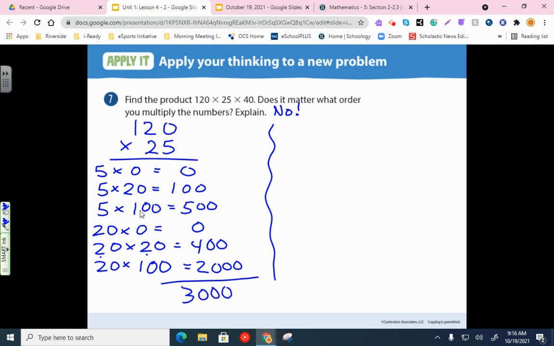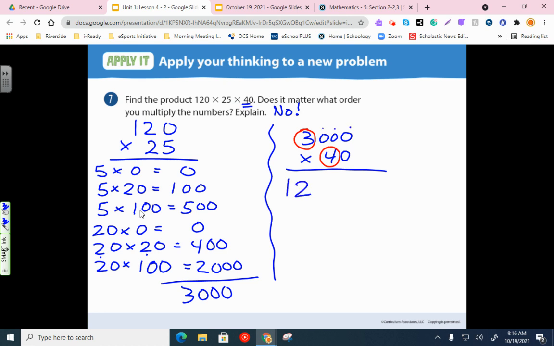Then we still have to deal with this 40 right here. So then we bring down 3,000 times 40. And let me show you what I'm going to do. It's going right back to the warm-up. I've got zeros in both of these, so I'm going to do a little trick here to save us time. 4 times 3 is 12.